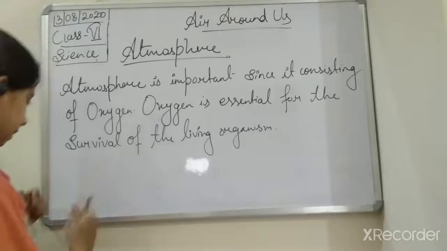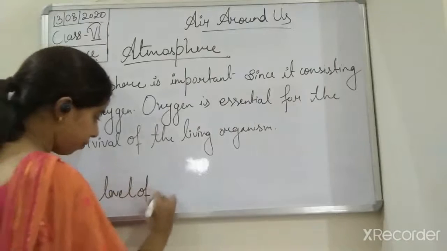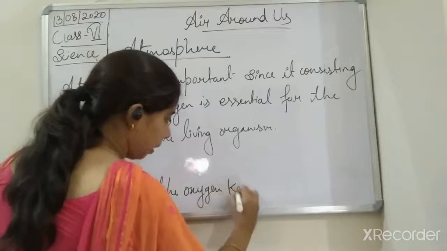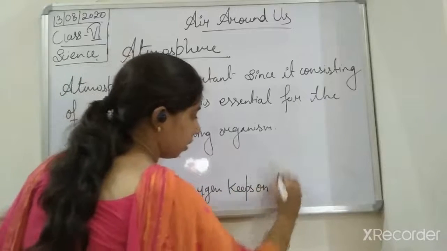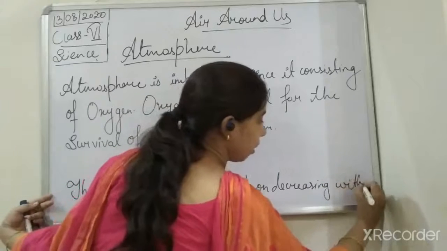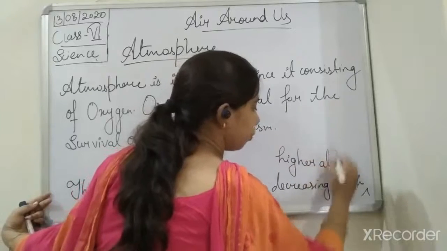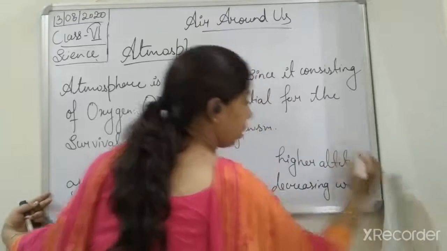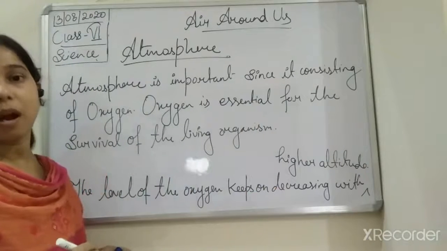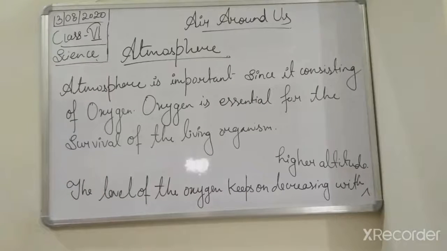So we can write it: the level of the oxygen keeps on decreasing with higher altitude.